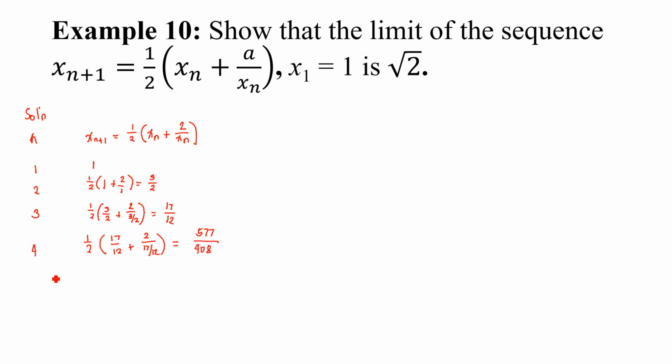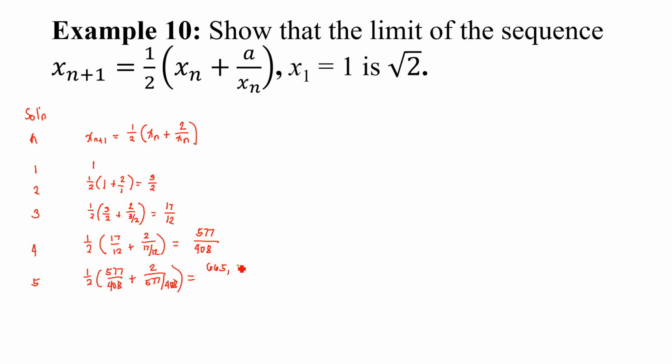And then for the fifth term, you have 1 half times 577 over 408 plus 2 over 577 over 408. Using the calculator, this is equal to this one.